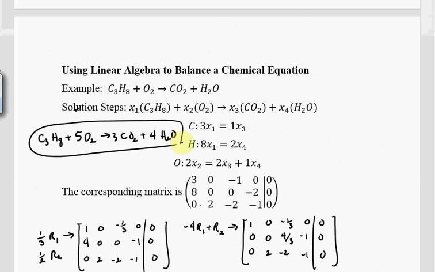Okay. Now, that's just using the linear algebra. Granted, when we were in chemistry, we had some simple techniques to get that, and you can. But woe unto you if the chemical reaction is very big.